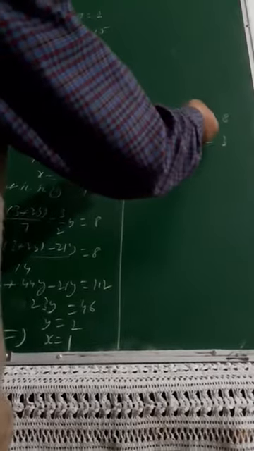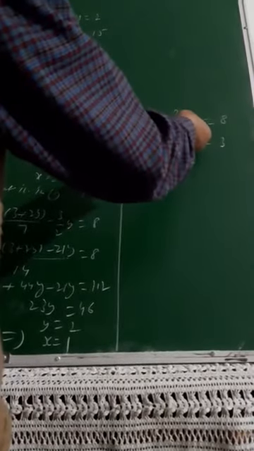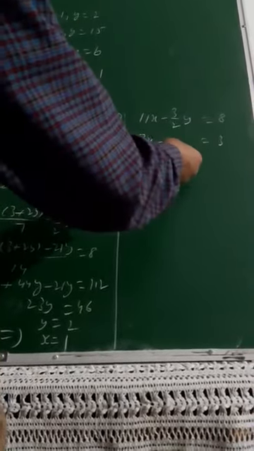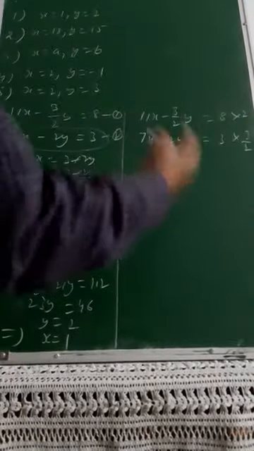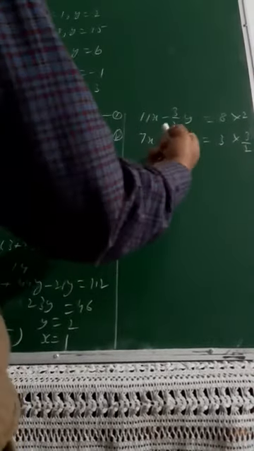I have to multiply by the coefficient of y in the first equation into equation 2, and whatever is there in the second equation into equation 1. So into 2 and into 3 by 2. Now you see, equation number 1 into 2 and equation number 2 into 3 by 2. Why?